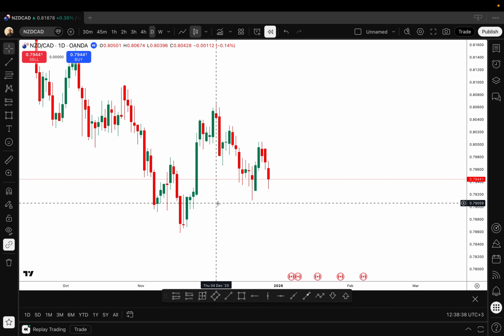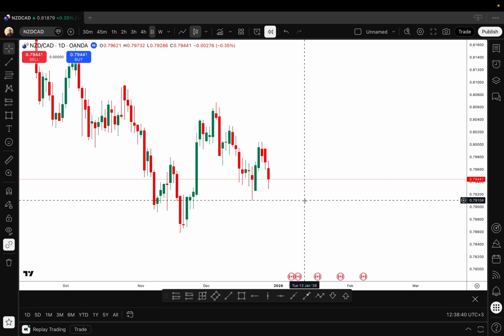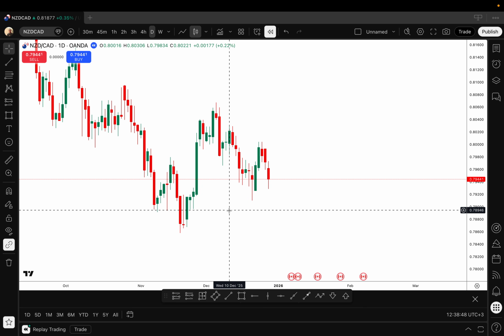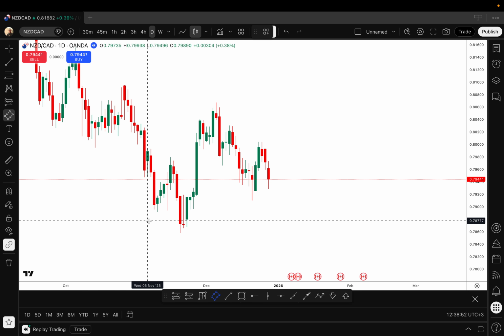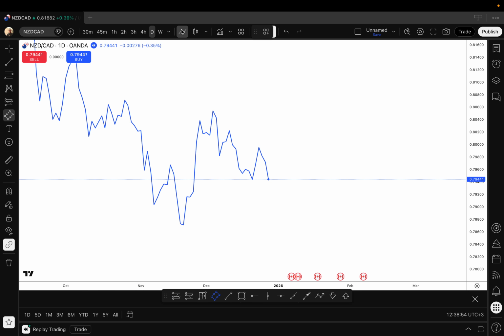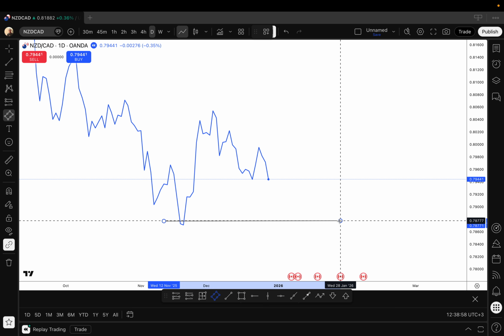So this is NZD CAD, and this is the daily time frame. The first thing you want to do is go to your highest time frame, and the highest time frame that I use every day is the daily. After that, you want to identify your support and resistance areas, because I told you we're going to be using support and resistance. I'm just going to go here and mark my support.